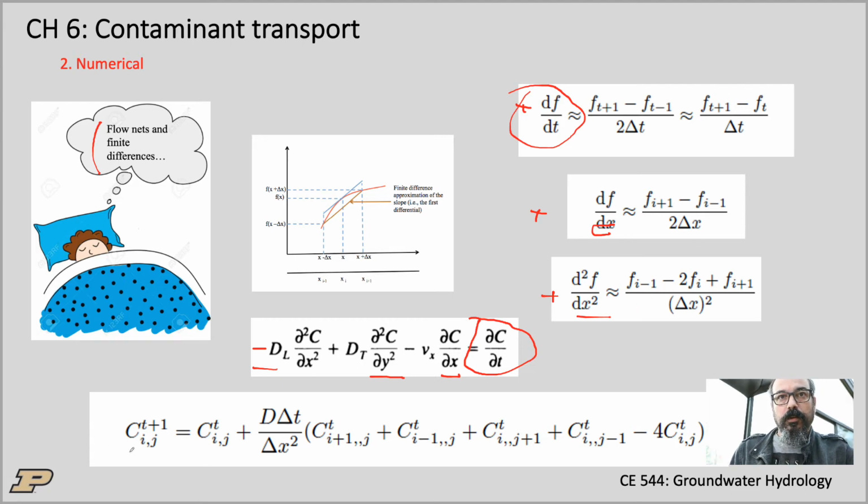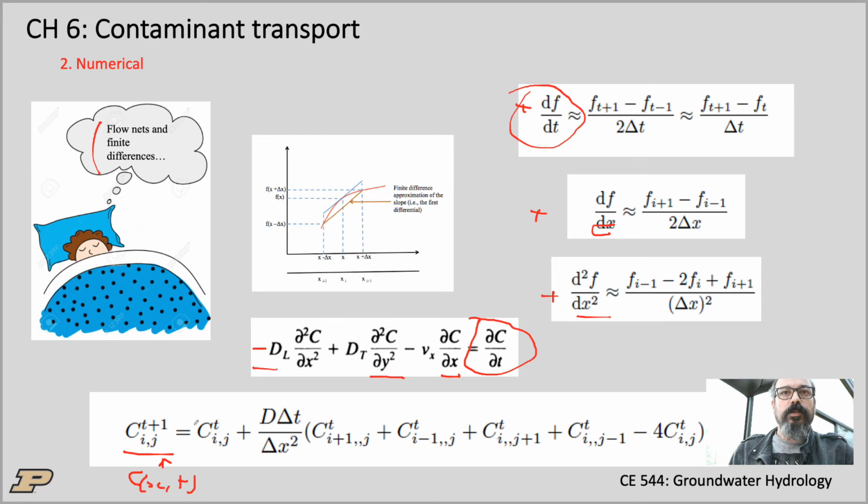Again, remember that our goal here is to find c at x and t, right? Which is given by here in ij. So this is a 2D problem solution. So the concentration at t plus 1, so in the future, in the next time step, at some place xy or ij is given by the concentration here and now, so at t, right? Time is now.